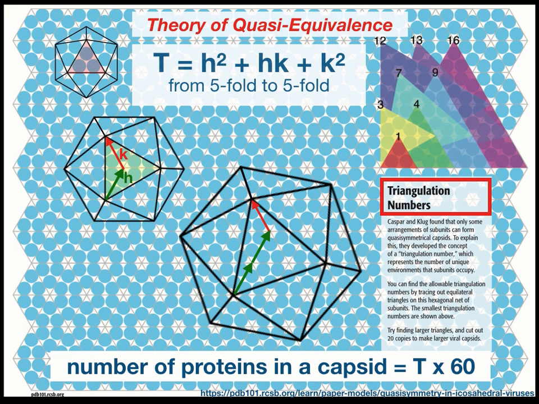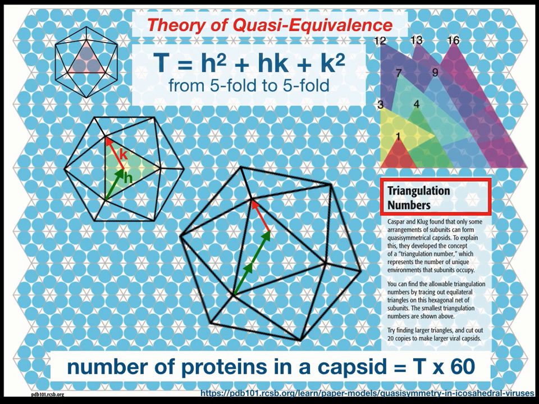So what is this number telling us? Well, it's telling us how these different subunits are arranged. It's going to tell us how many proteins we're going to find in a single viral particle, and it can also give us a sense of the size of the viral particle.